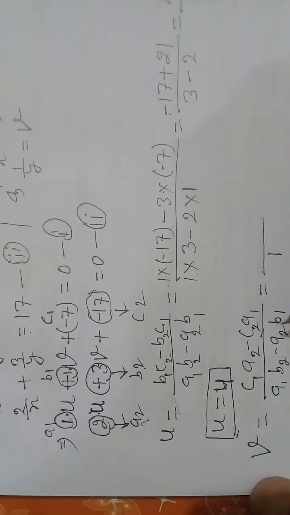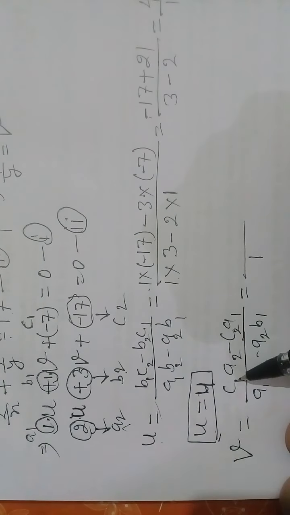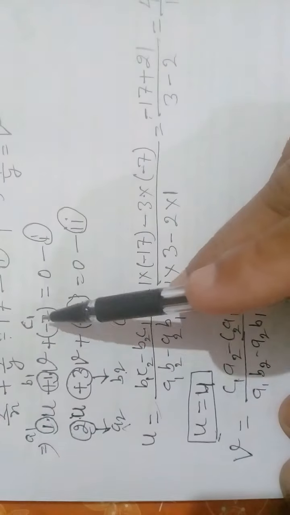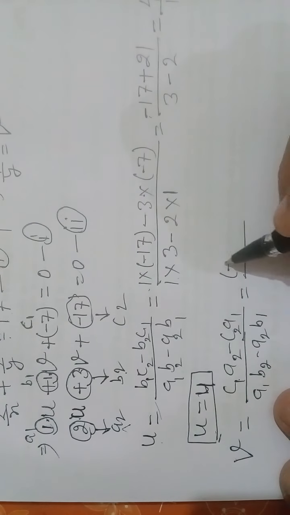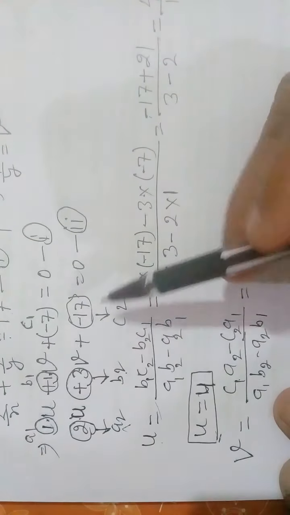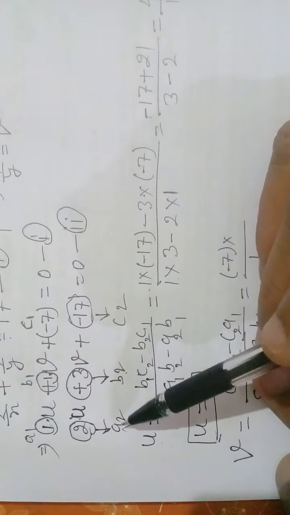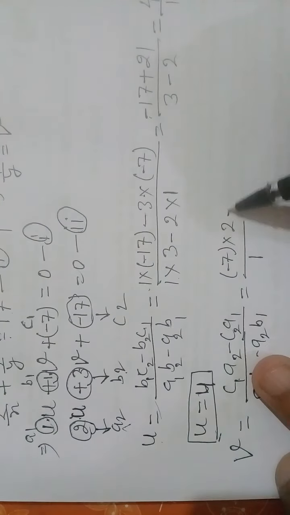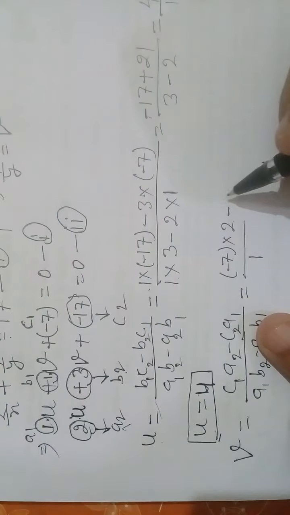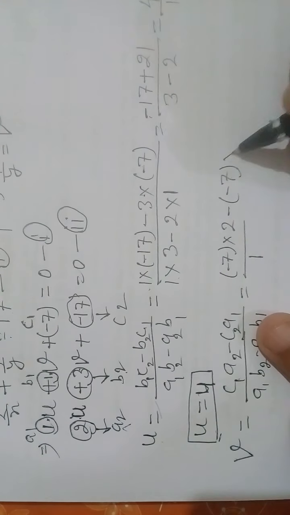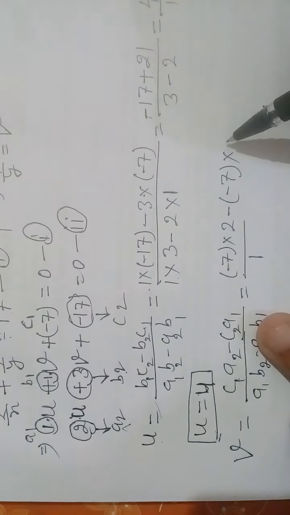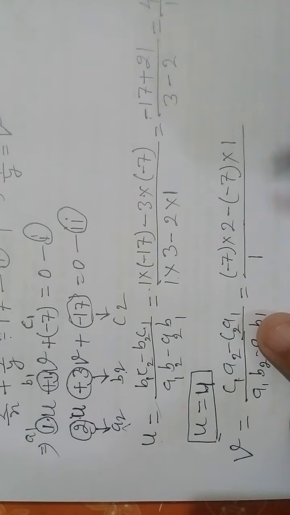And the solution of this: c1 is minus 7 into a2, which is 2, minus c2, which is minus 17, into a1, by 1.